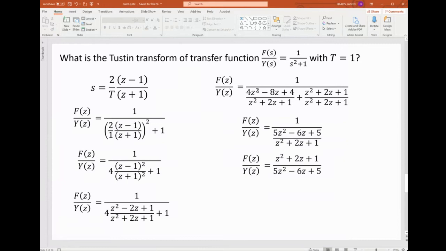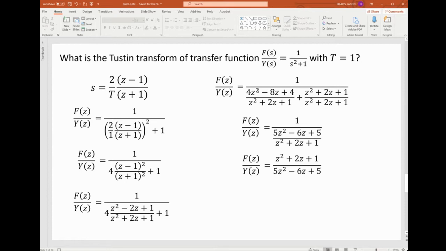So I'll just review this a little bit. The Tustin transform is a way to get an S-domain transfer function into a Z-domain transfer function. And so why would we want that? Because S-domain transfer functions are continuous functions, and it is impossible to implement a continuous function on a computer because computers are discrete.